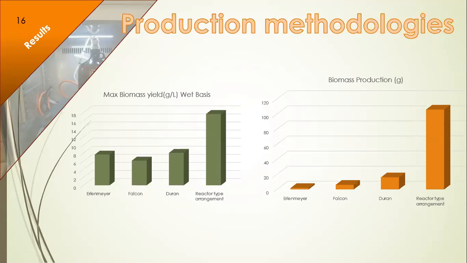To make the design of experiments, we need a large amount to run it, and this is why we came up with the reactor type arrangement. Mainly, it was a change in the production methodologies, and we almost reached the bioreactor methodology.